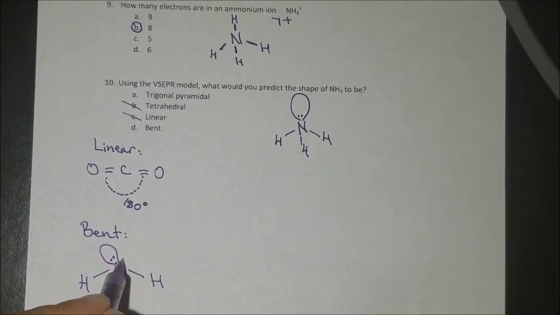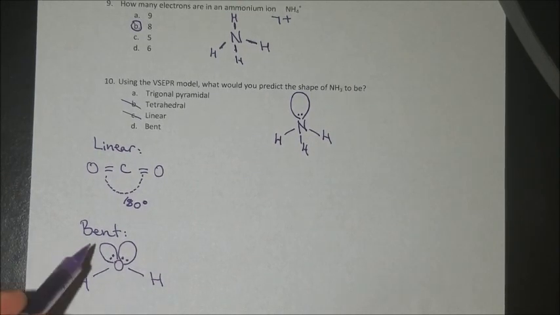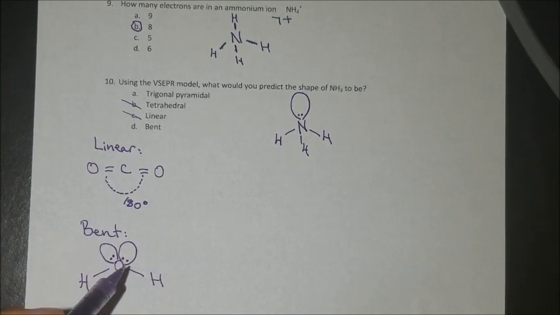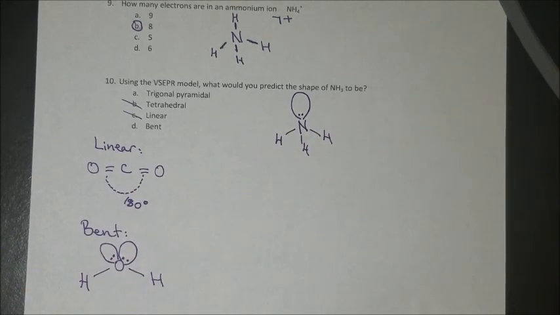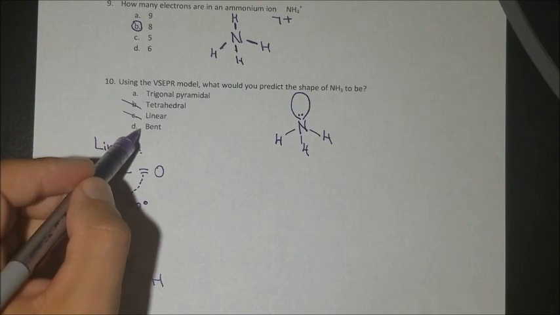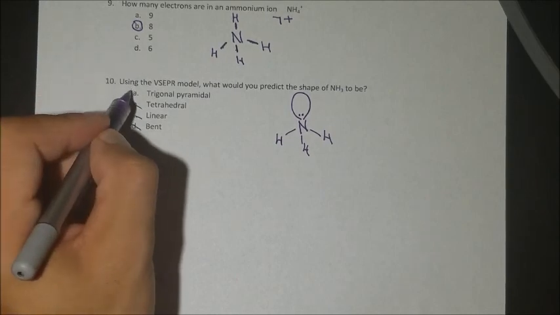A lone pair here, and a lone pair there on your central atom. So it requires there to be two lone pairs, and here we only have one. So it's neither linear nor bent. Just by the process of elimination, we are left with trigonal pyramidal.